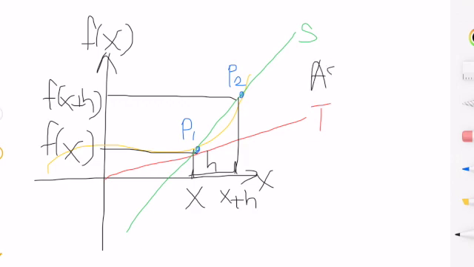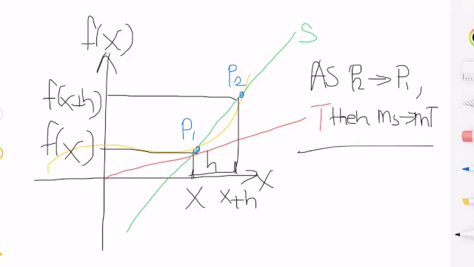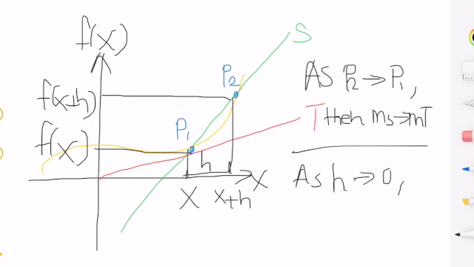We can say that as P2 approaches P1, then the slope of the secant line approaches the slope of the tangent line. And as the increment approaches 0, then the slope of the secant line will approach the slope of the tangent line.